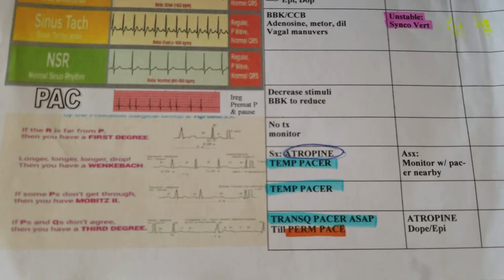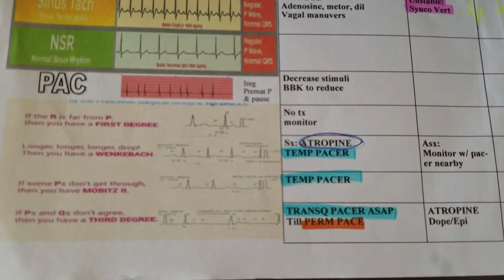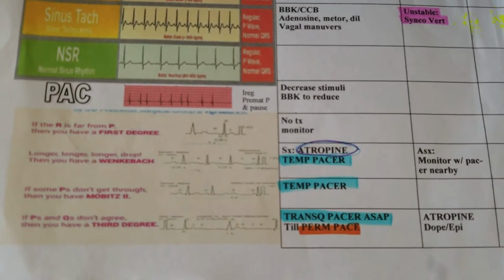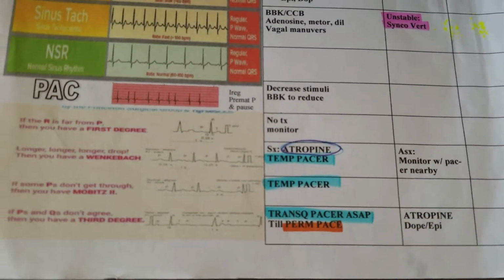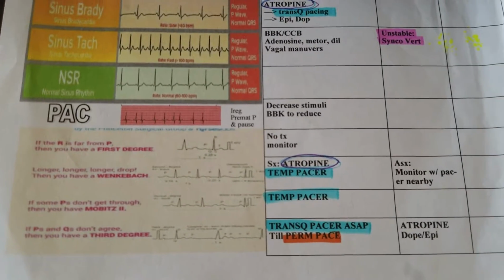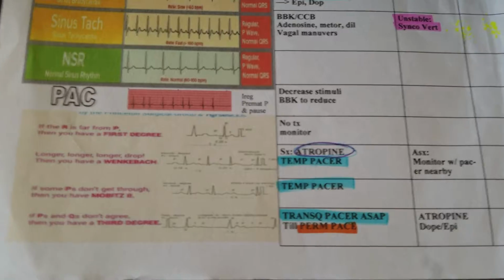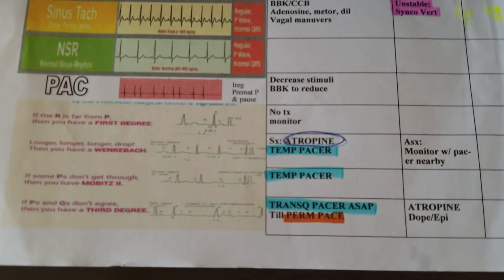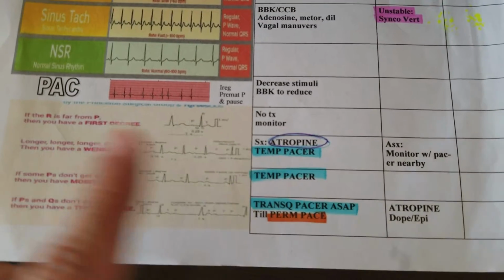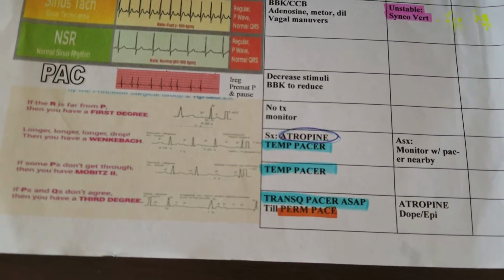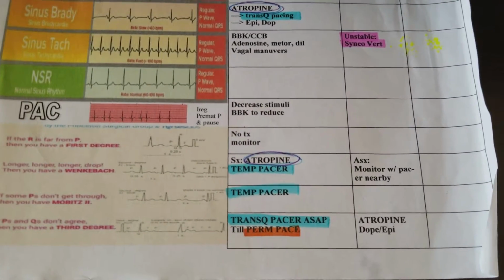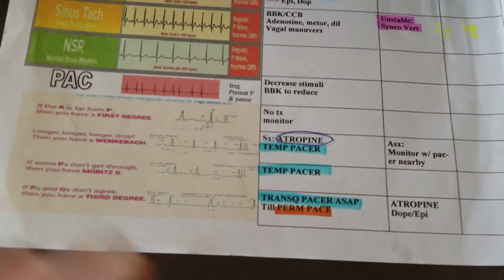And then the third degree is the P's and Q's don't agree, so they have a consistent ventricular rate and a consistent atrial rate, but then they have nothing to do with each other, so you can't really measure the PR. This is kind of an emergency situation, you need a transcutaneous temporary pacer as soon as possible until a permanent pacer can be put in place, and you might need atropine, dopamine, or epinephrine.